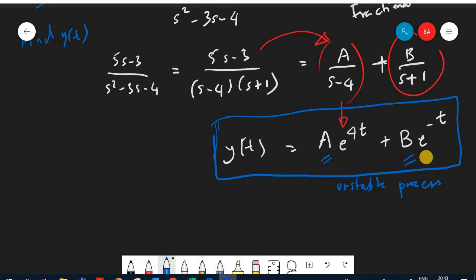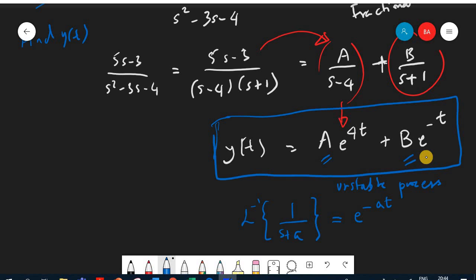If I just recall that for you, Laplace inverse of 1 over s plus a is equal to e to the power minus at. Since a here is minus 4, it will be e to the power 4t.